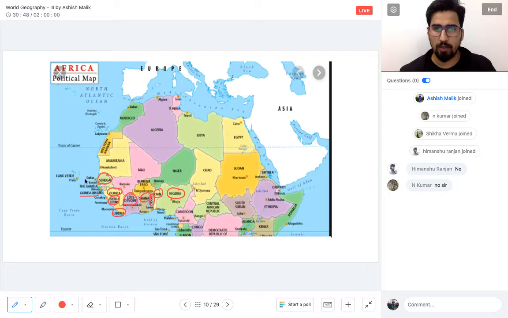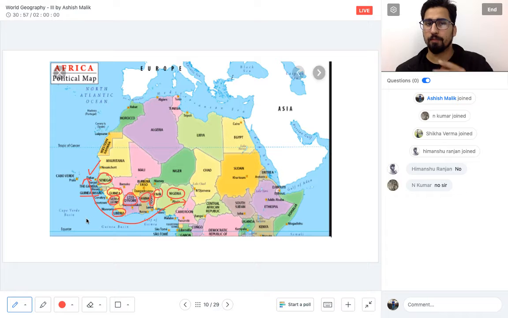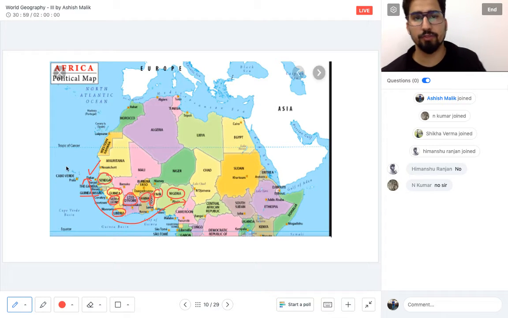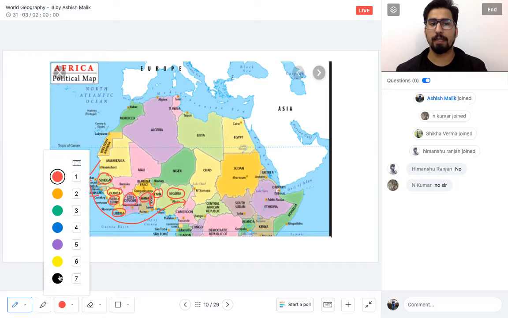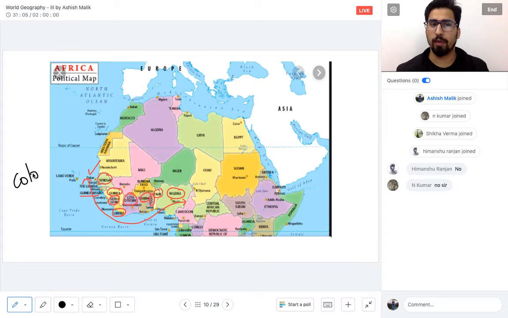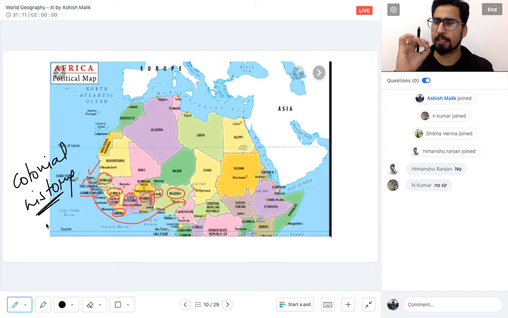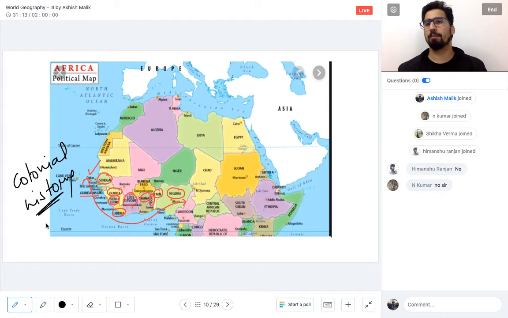So all these countries, right from Senegal up to Nigeria, this whole stretch, are extremely important from the point of view of colonial history, right? These are the areas which were highly exploited by the colonial powers.